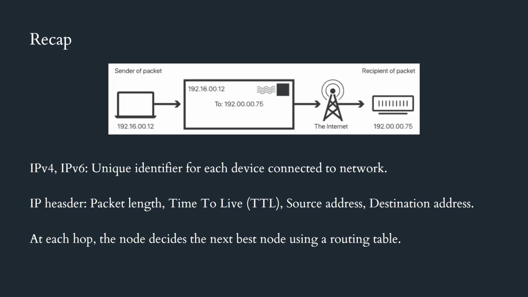They provide a unique identifier for each device connected to the network. If we take a local area network, a router is responsible for assigning unique IP addresses to the devices that are connected to the router.